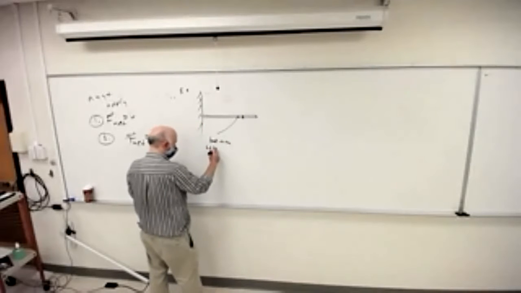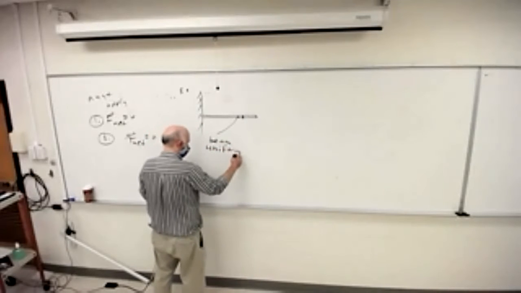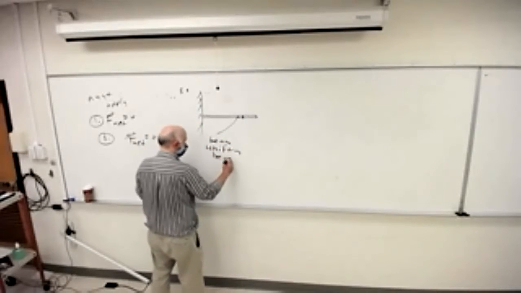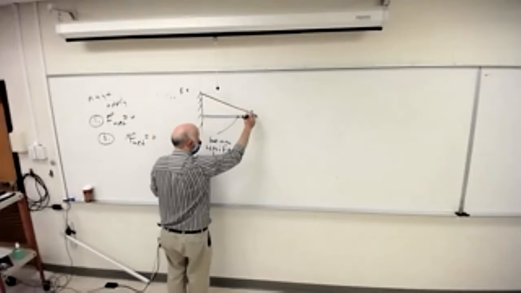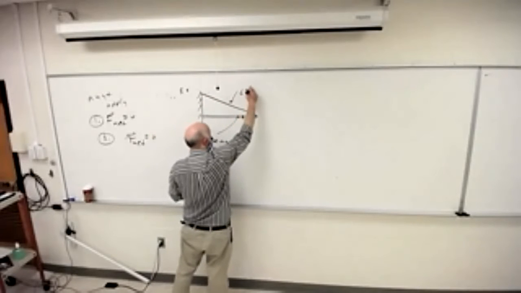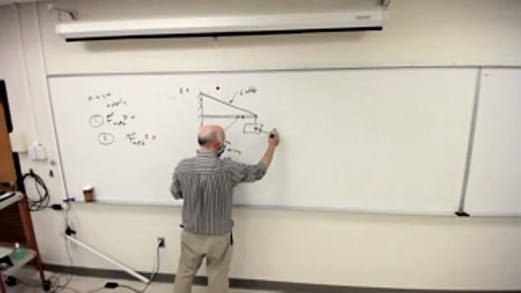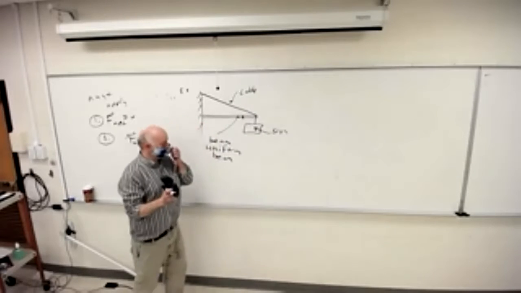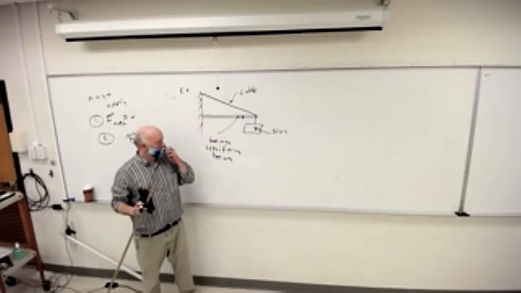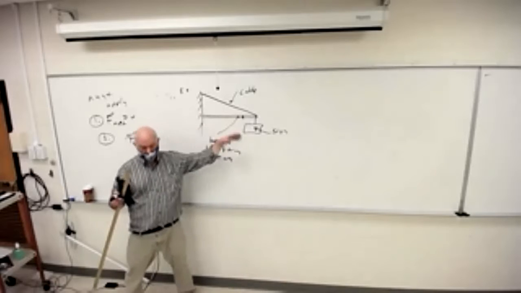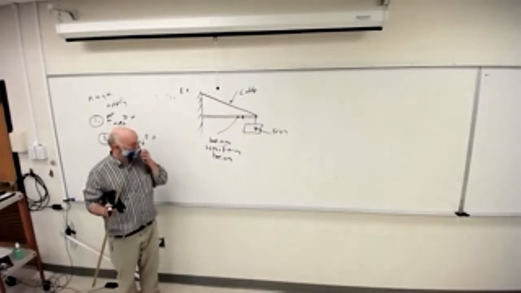Let's say a uniform beam. This is a cable. This is a sign. So maybe this is something in front of a store. Maybe this is food or something like this. So this is some sort of thing like this.